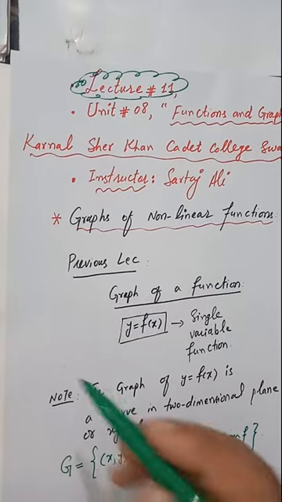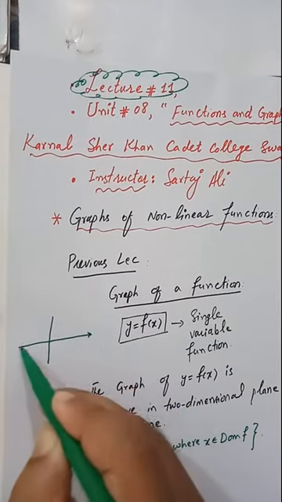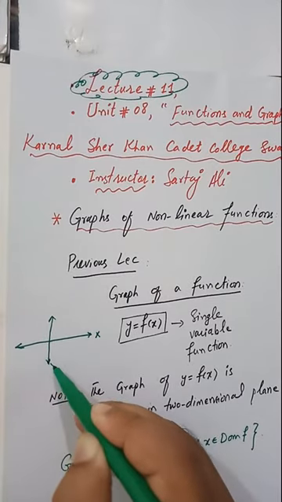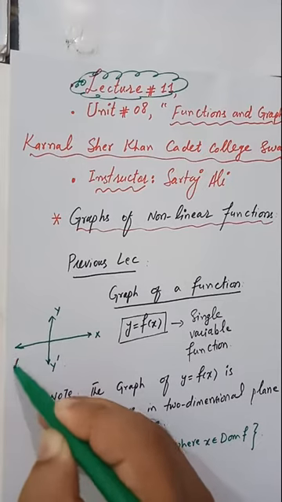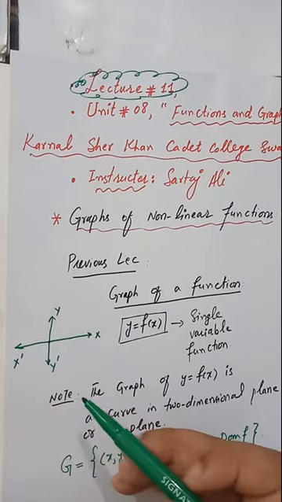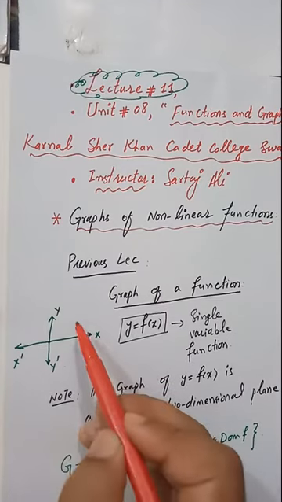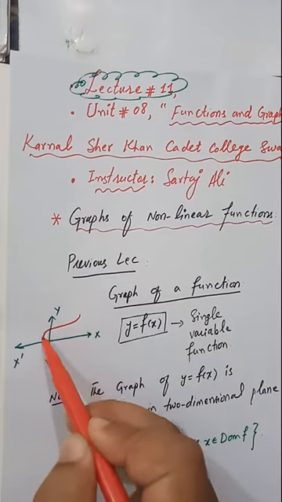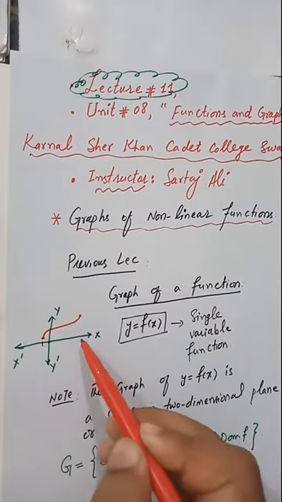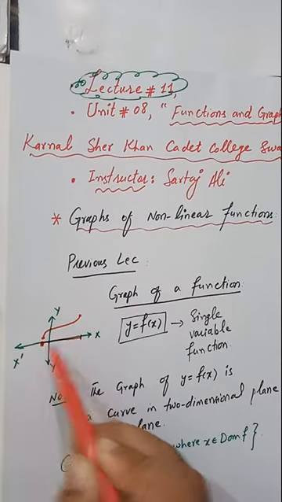For example, you see that this is a two-dimensional plane. This is your x-axis, this is the y-axis, this is the origin, and let's say you have a curve like this. Now you see that this is defined on this interval. So this is your domain, from this point to this point.